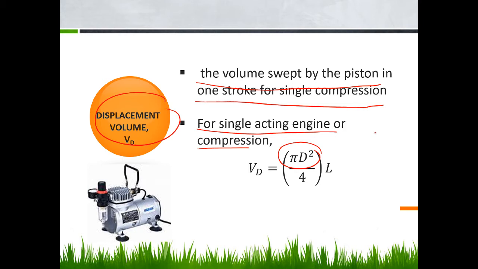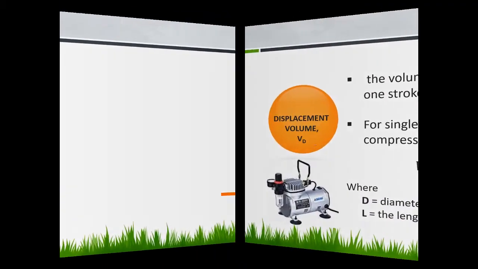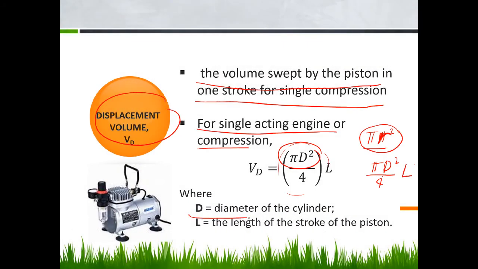Pi r squared kasi pi r squared yung area. In terms of D, D squared over 4, and then times yung height ng cylinder, so L. Okay, so volume lang yan ng cylinder. D is diameter of cylinder, L is the length of the stroke of the piston.